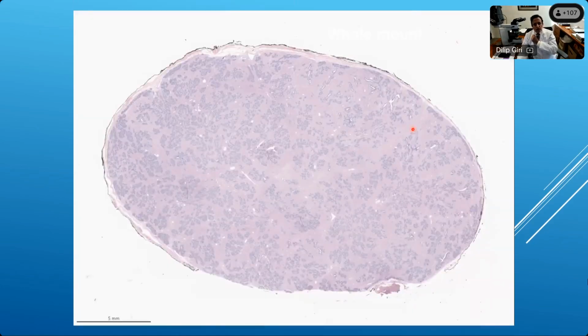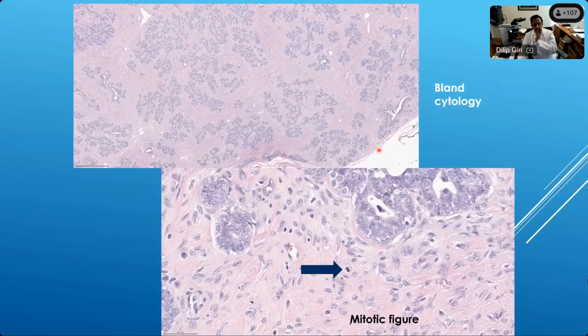What is important to recognize is that these lesions, although large, will show the picture of a fibroadenoma: uniform distribution, no overgrowth, no expansion, and so on. And on higher power, although you see mitotic activity, the cells themselves are not particularly atypical. So, very bland cytology.